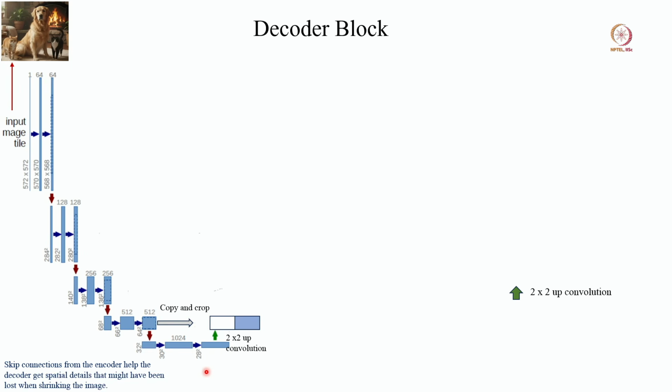Now why do we require this skip connection? The skip connection from the encoder helps the decoder get the spatial details that might have been lost when shrinking the image. As I was telling, the image has been shrunken a lot in the entire downsampling work, and it is possible that some important information has been lost due to the shrinkage.